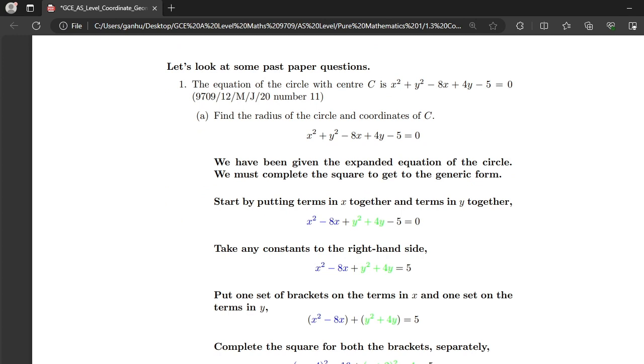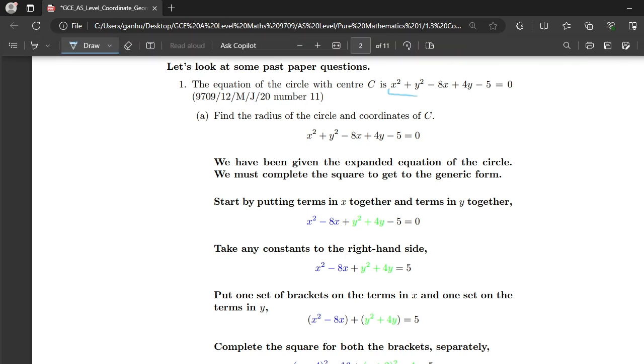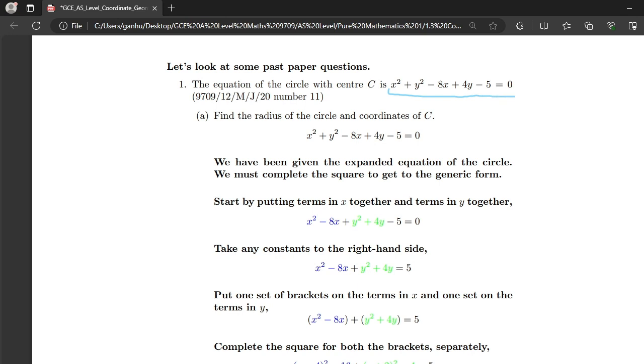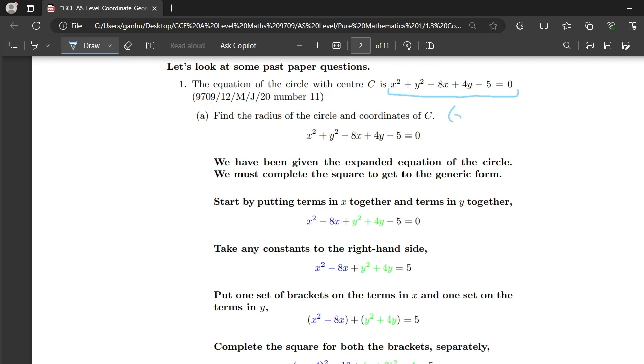So let's look at some past paper questions on the equation of a circle. Number 1, the equation of a circle with center C is x² + y² - 8x + 4y - 5 = 0. Part A, find the radius of the circle and coordinates of C. So if we want to find the radius and the coordinates of the center C, we have to write the equation of the circle in the form (x - a)² + (y - b)² = r².